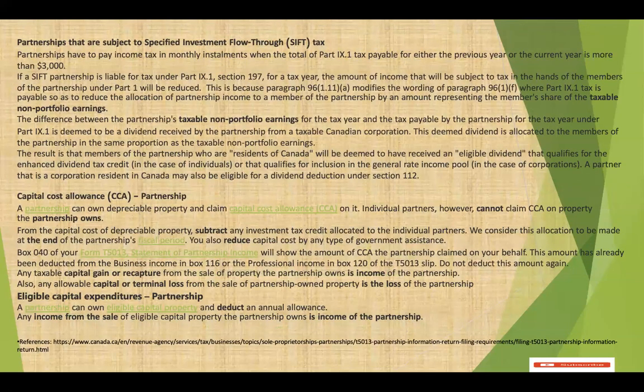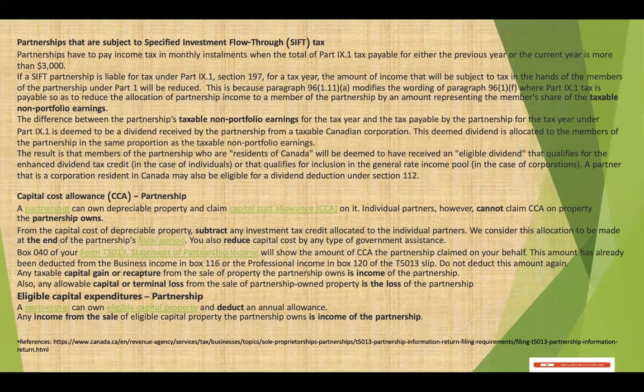Now, partnerships that are subject to the specific investment flow-through tax. A partnership has to pay income tax in monthly instalments when the total of the Part 9.1 tax payable for either the previous year or the current year is more than $3,000.